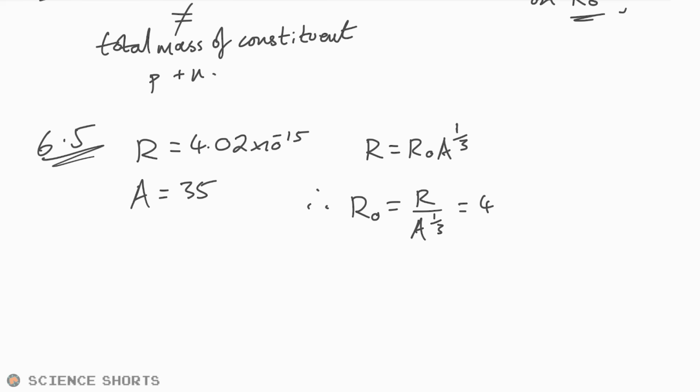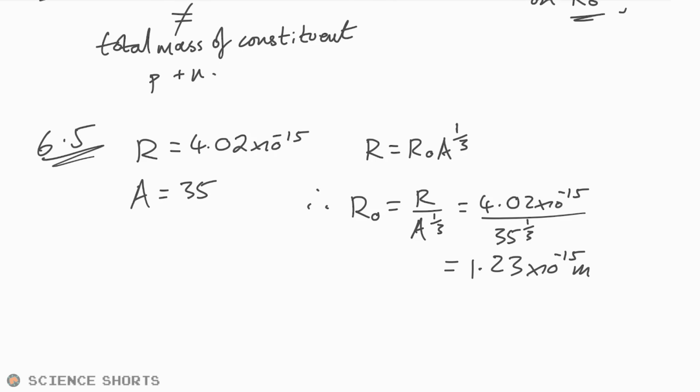That is 4.02 times 10 to the minus 15 divided by 35 cube rooted. How do I do cube root on this calculator? Oh dear, I've forgotten how to use the calculator. It's been so long. There we go, and it is in meters.